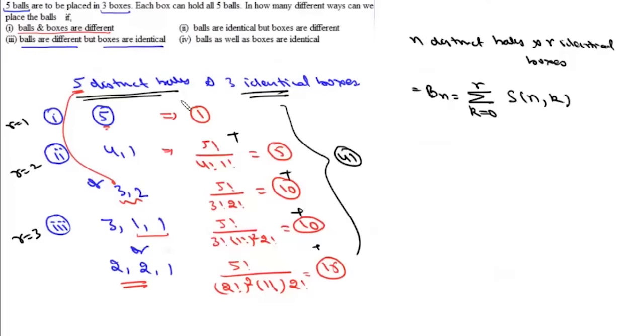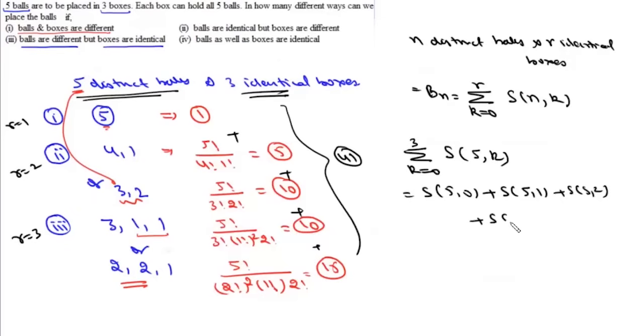So for this case, we need to find this summation, k varies from 0 to 3 of S(5,k), which is S(5,0) plus S(5,1) plus S(5,2) plus S(5,3). Now S(5,0) is 0, S(5,1) is 1, S(5,2) is 15, and S(5,3) is 25. So this value again comes out to be 41.